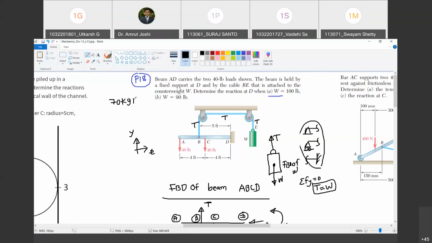Do you agree with me? That's general. And what is 70 kg force? 70 kg force is nothing but 70 into 9.81 Newton. Basically, we are considering it as weight only and going forward, not considering it as mass. We understand that we have to multiply all the answers by the gravitational constant, but we are going to report it in the given system of units.